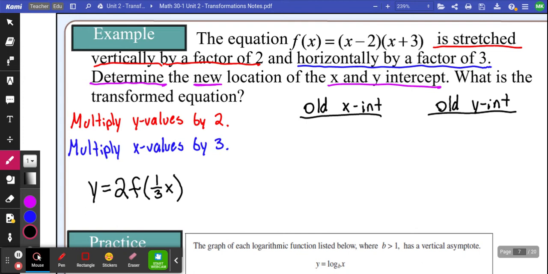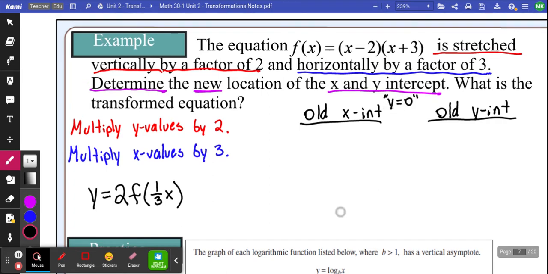So when you're talking about x-intercepts, that means that y equals 0, which means you now have this equation: 0 equals (x minus 2)(x plus 3). I took my function, I changed y, or f of x, to be 0, because that's what an x-intercept is. In Math 20-1, we call this the zero product property. So if I have two things multiplied together, and they have to equal 0, that means you're trying to figure out what makes each set of brackets equal 0.